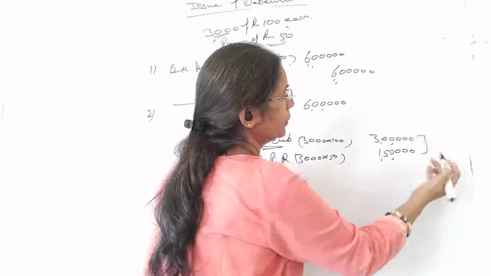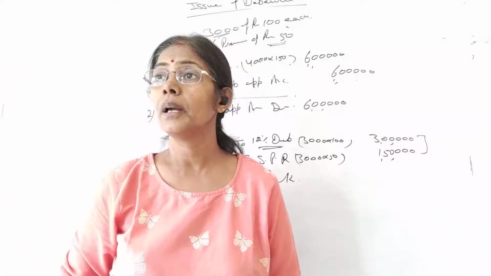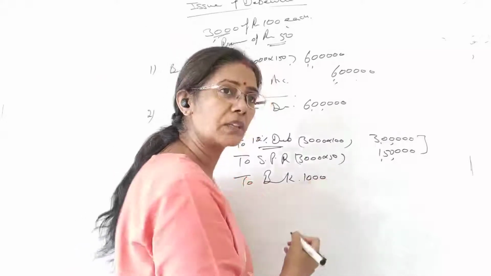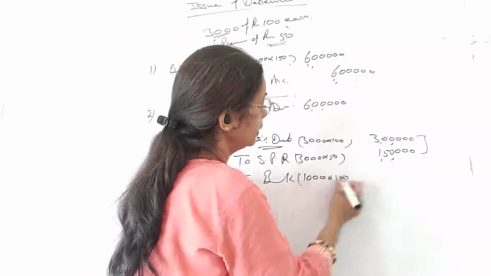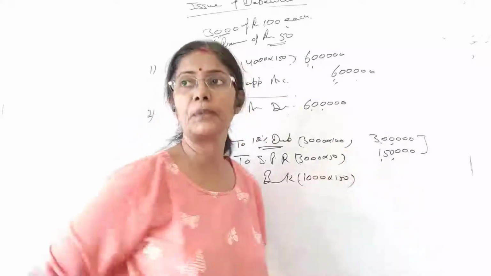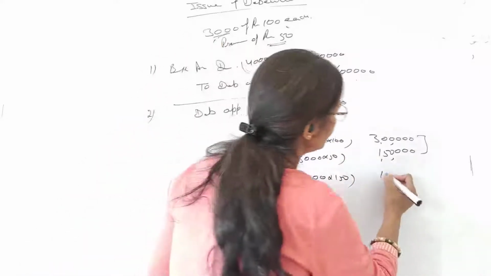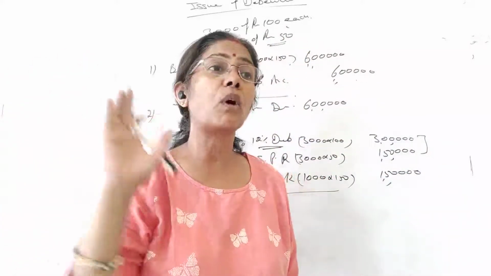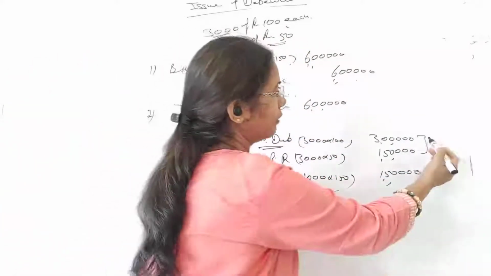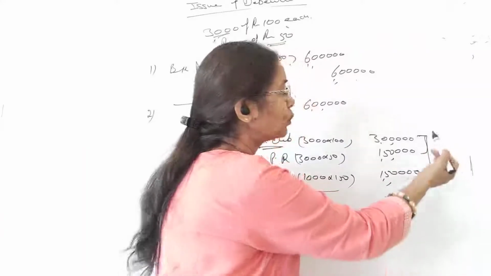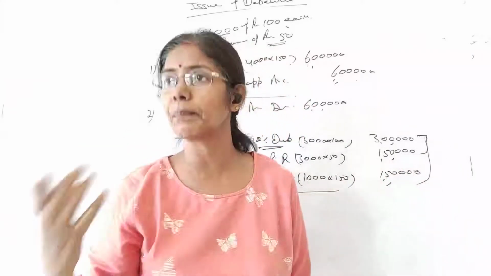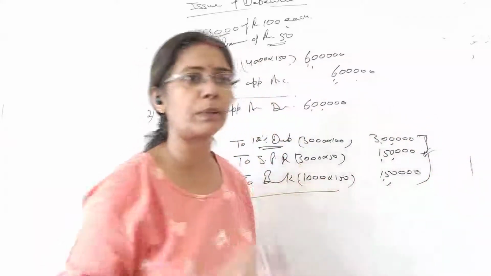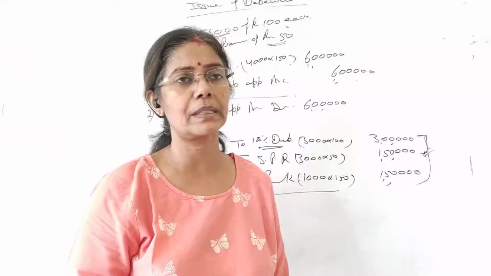Although we can put the balancing figure, you should verify it. 1,000 debentures we are cancelling, and on that you have received 150, face value plus premium, the whole amount. So that comes to 1 lakh. Students, always verify this. When you have a compound entry, you must do the total, and if you commit some mistake, you can catch it then and there. If your total matches, most probably your question is okay. Otherwise some mistake is there, you can find it.